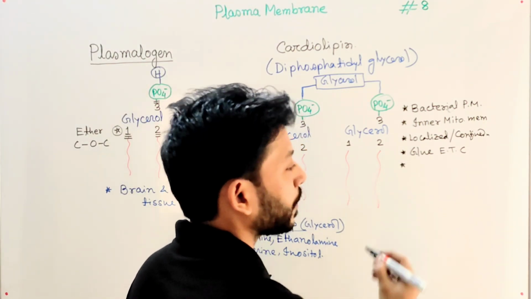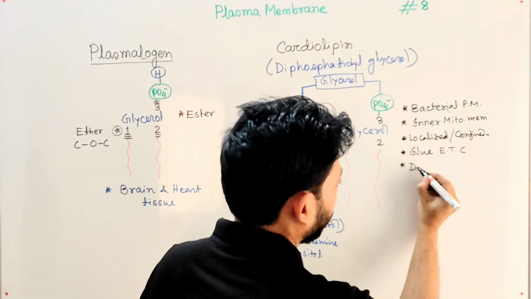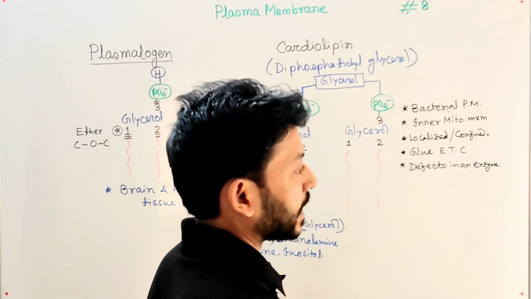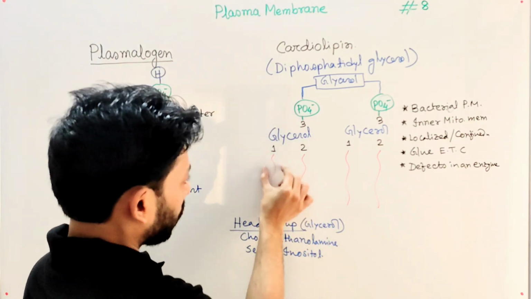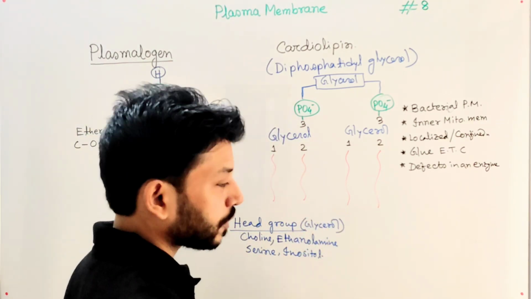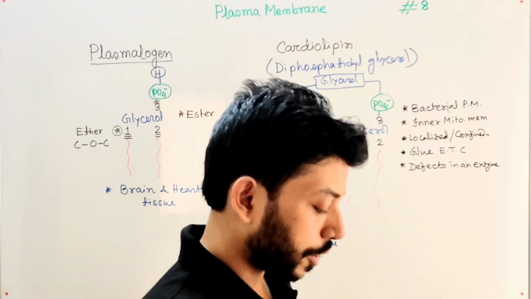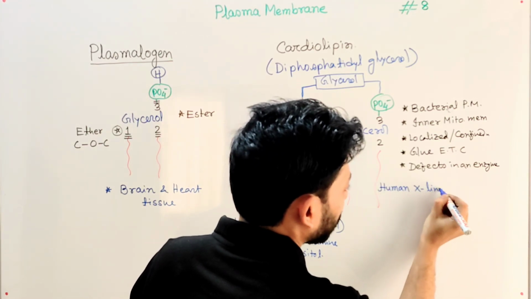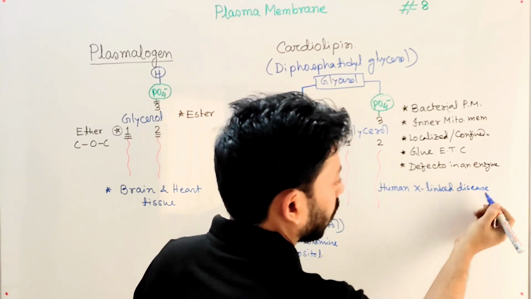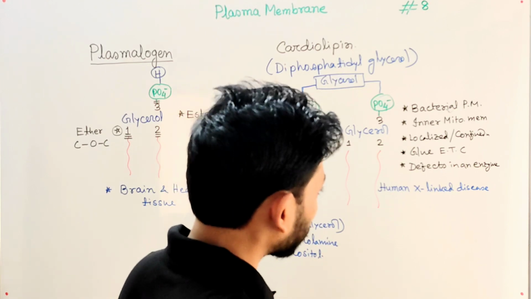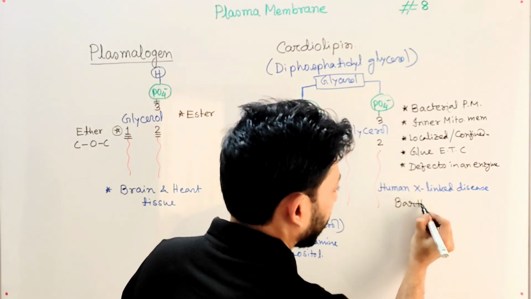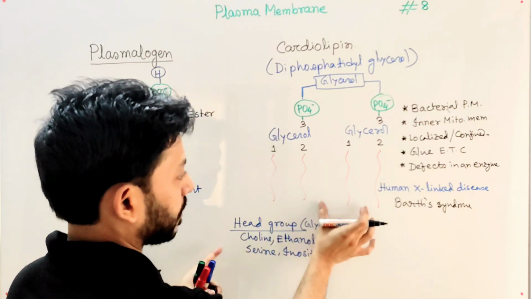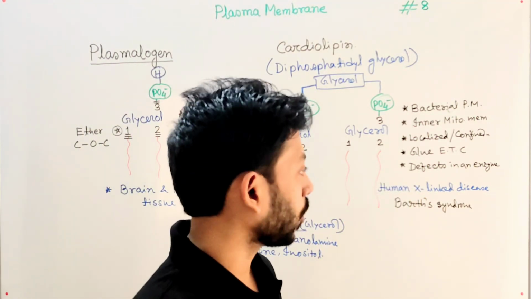Another important point we can remember is that defects in an enzyme that determines the structure of the fatty acids cause a human X-linked disease, and this disease is called Barth syndrome. B-A-R-T-H, Barth syndrome.